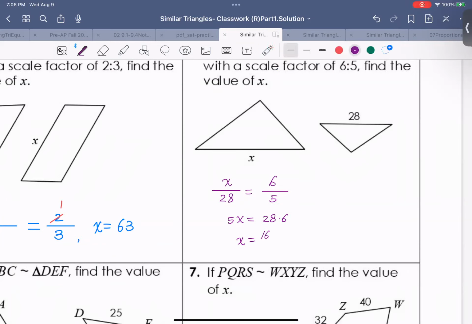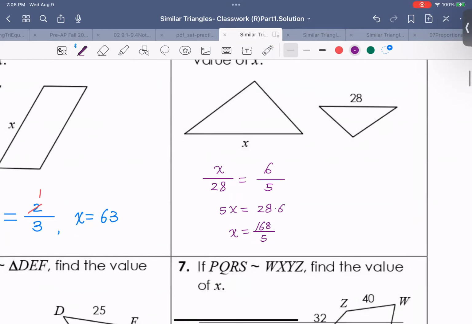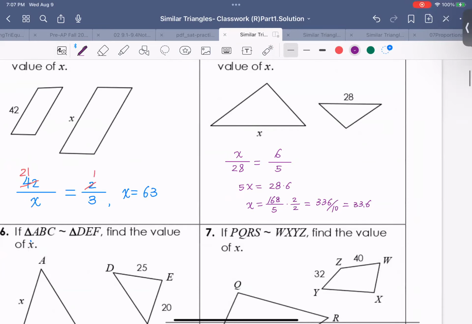So x is 168/5. If they allow you to use the improper fraction, you can keep it as it is. If they don't allow it, you multiply the top and the bottom by 2. Then the top will be 336/10, which is 33.6. Okay? Good. Next one here.